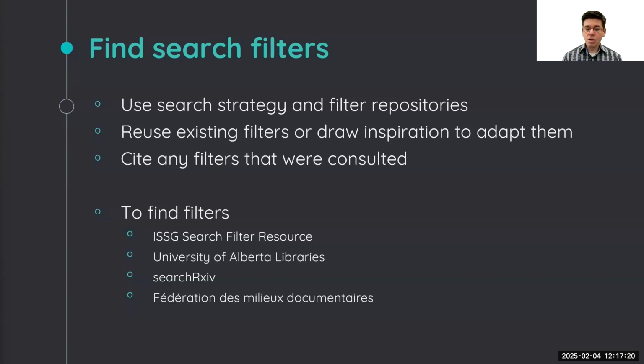So those could be helpful in the context of searching for material that might be solely published or related to studies in Canada. Search Archive is another one that's gaining momentum where librarians will place their search strategies as well. And the last one, La Fédération des Milieux Documentaires, which is a French language resource, publishes both French language search strategies as well as English language ones too. So it's also good to include that one on the list.